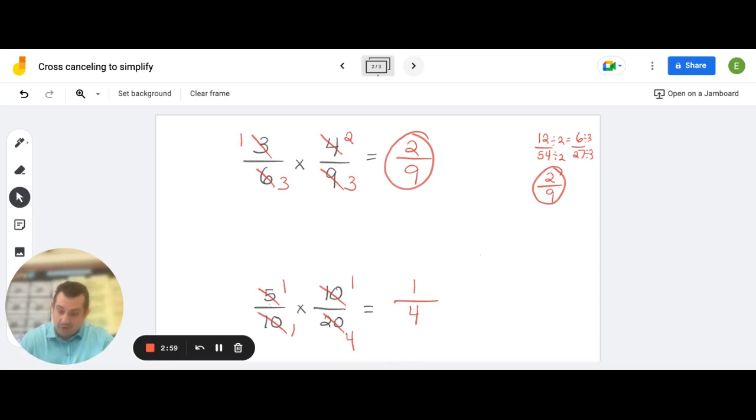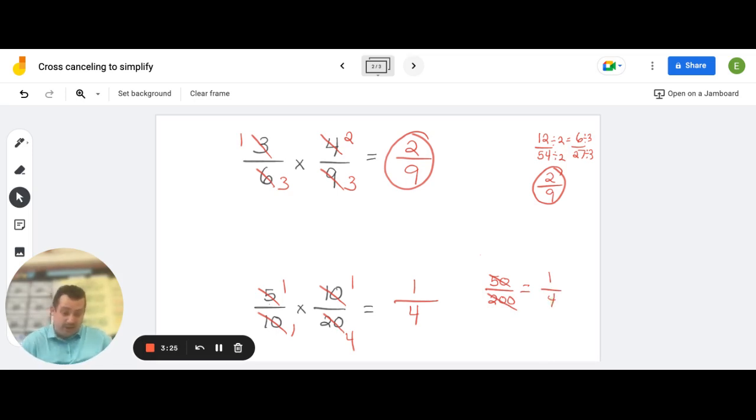Whereas if we would have started with 5 times 10 is 50, and 10 times 20 is 200, here 50 over 200. How many times does 50 go into 200? 4 times. So this would be 1/4, because 50 divided by 50 is 1, and 200 divided by 50 is 4.